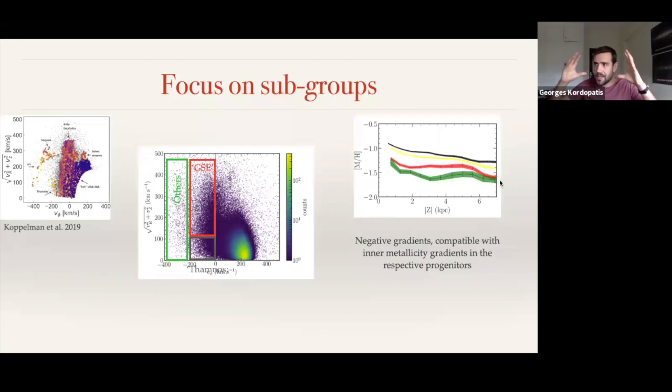So let's imagine that you have a massive progenitor, and in the potential well of this massive progenitor, you would keep the yields of the different stellar populations, and you would increase with time your metallicity. Okay, and because it is a massive progenitor, what would happen is that you would have an inner metallicity gradient. The outskirts of your dwarf galaxy would be more metal poor than the core of the dwarf galaxy.